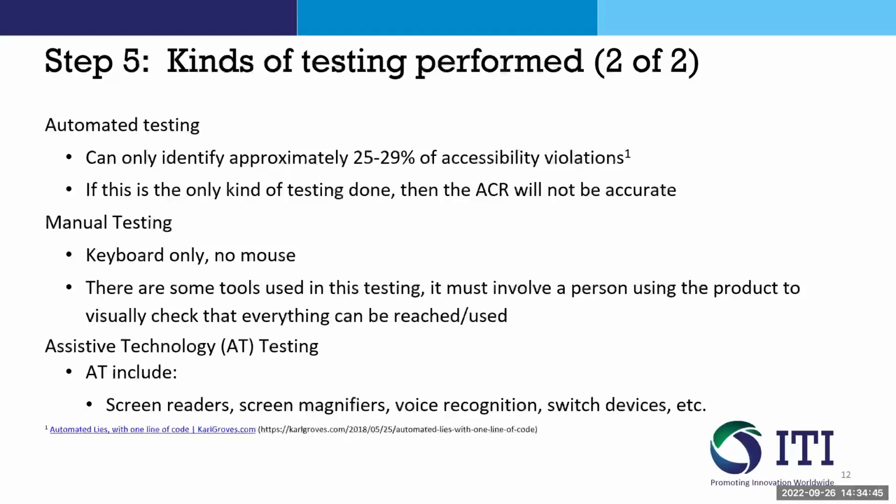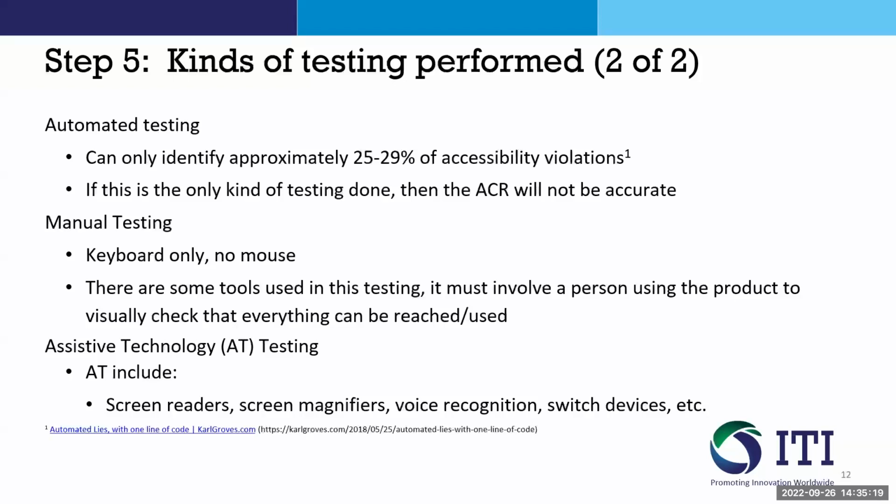Manual testing is critical. You must test the keyboard only, with no mouse. You can enhance this testing with some tools. That's just fine. It's common, for example, to use a screen reader and the tab key. So you go through your keyboard, you go through the screen reader, and you see if they're synchronous. That's fine. But you have to visually check that everything can be reached and that everything can be used. Here's an example.